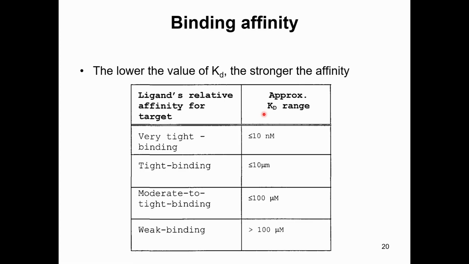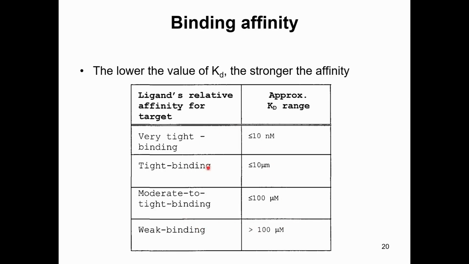The lower the value of Kd, the stronger the affinity, and that comes from the dissociation equation I just showed you. This is a rule of thumb for how this works in pharmacology. If you have a drug whose Kd is less than 10 nanomolar, that means very, very tight binding. Almost all of that drug is going to be associated with its target. Less than 10 micromolar, that's 1,000 times bigger, is still tight binding. Less than 100 micromolar, moderate to tight binding. Greater than 100 micromolar, very weak binding.